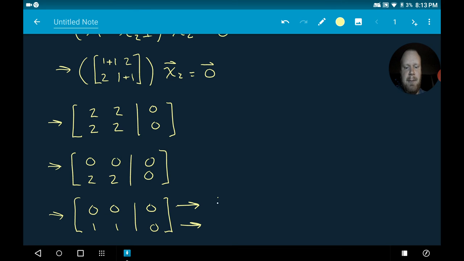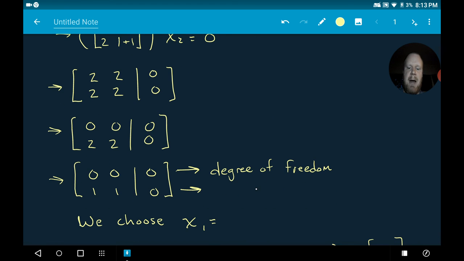This top row is going to give me a degree of freedom. And this one at the bottom here is going to be that 1 times x1 plus 1 times x2 is equal to 0. So that's going to mean that x1 is equal to negative x2.